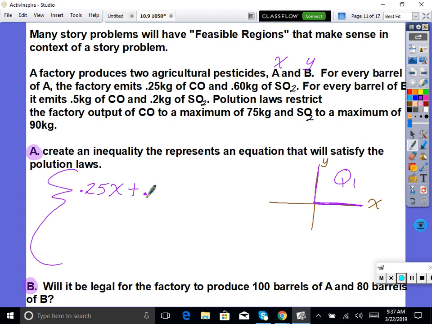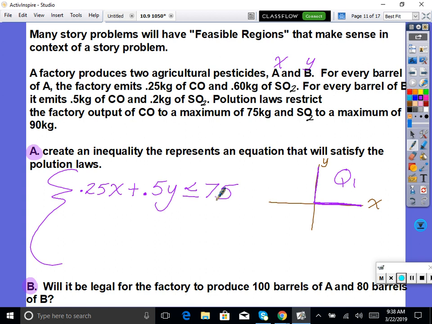CO is going to be with CO so that we can look at total CO output. Does that make sense? So this is 0.25x plus 0.5, and that's coming out of the y barrel, correct? And since this is all CO, it needs to be less than or equal to 75. Does that make sense?